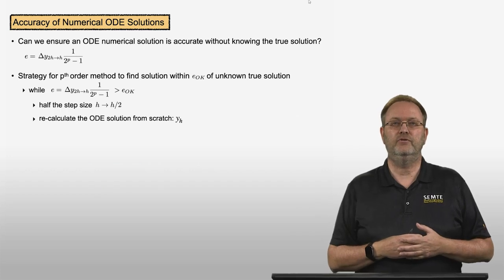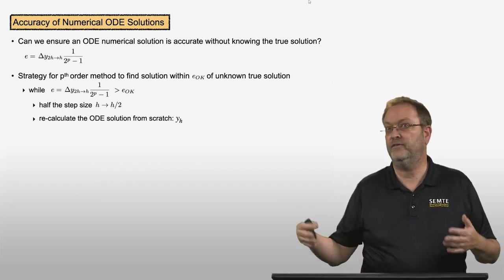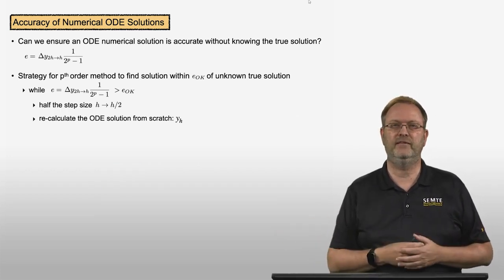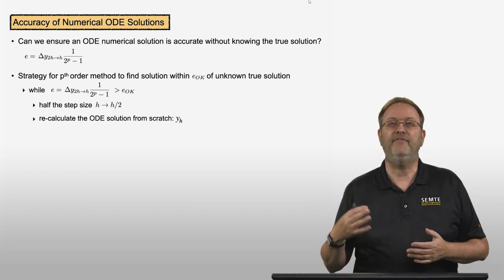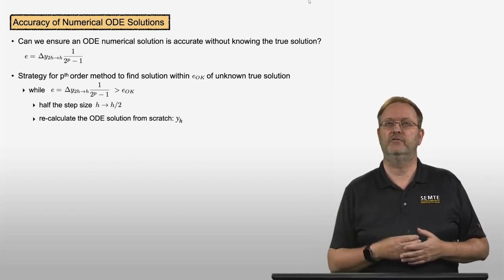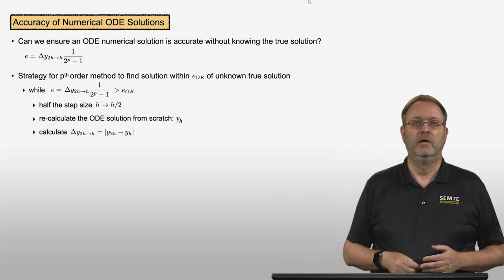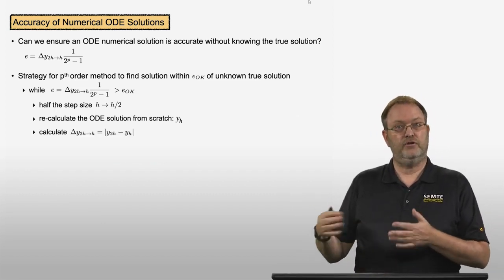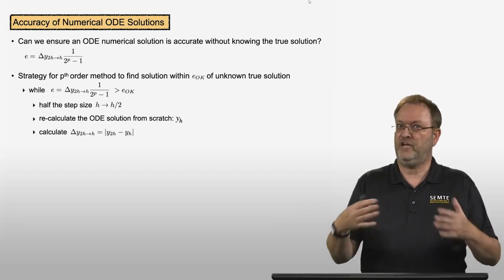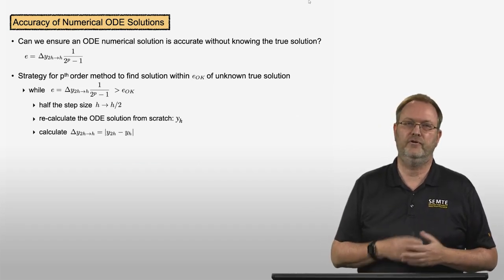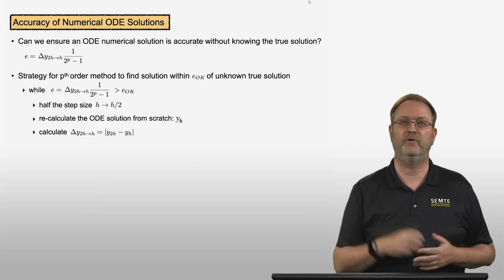Recalculate the ODE solution from scratch, starting with the initial constraint, with the constraint that's given in the problem, and find a new numerical solution with that new step size h. With that new solution, you can calculate the change in the numerical solution from 2h to h if you stored the prior result.